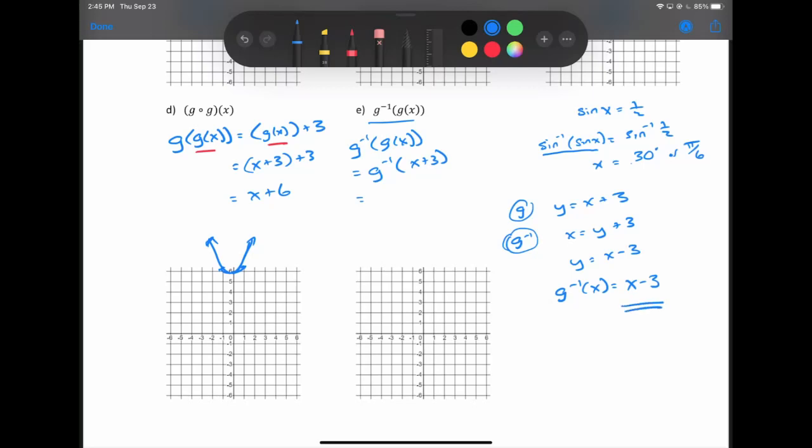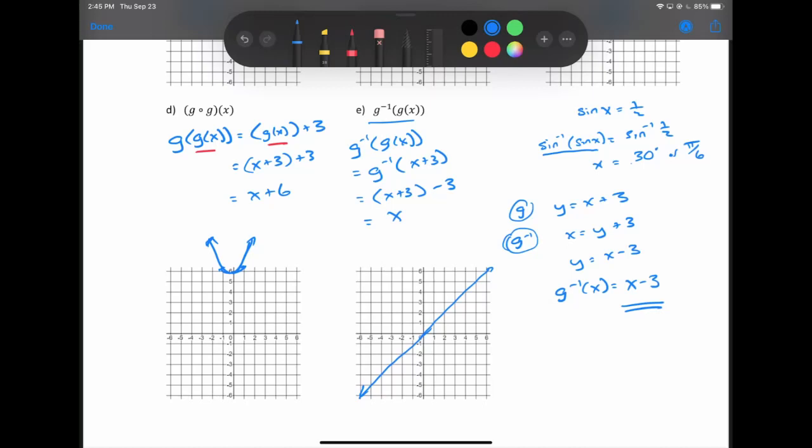And the instruction here is x minus 3, but we're not plugging in x, we're plugging in x plus 3. And x plus 3 minus 3 is x. And sure enough, we're back to where we started. So g negative 1 of g at x is just going to be x.